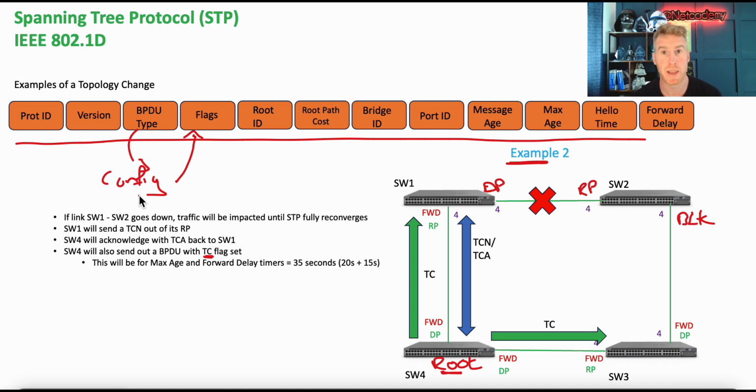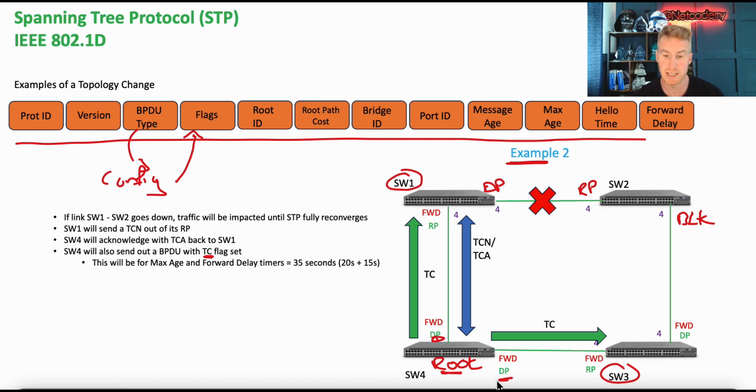It sends that BPDU to SW1 and to SW3 and any other non-root bridge switches connected to it, tongue twister. It sends that out of all of its designated ports.